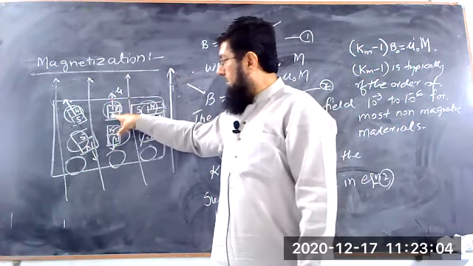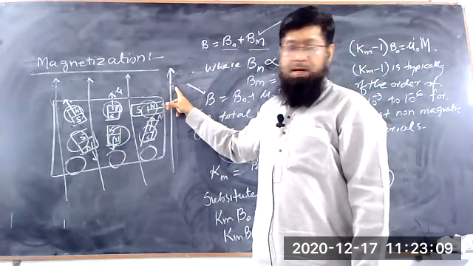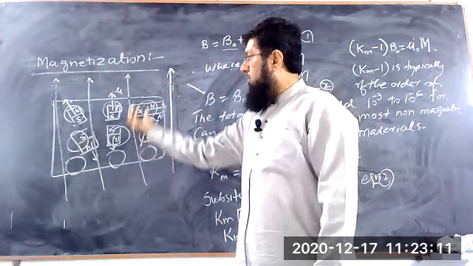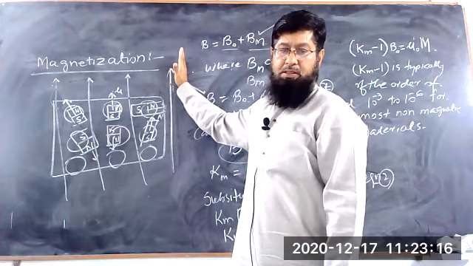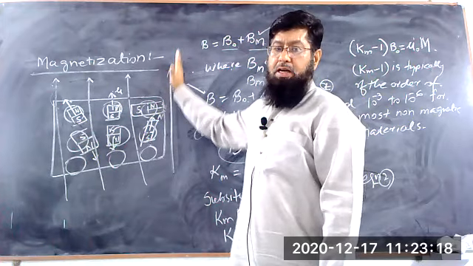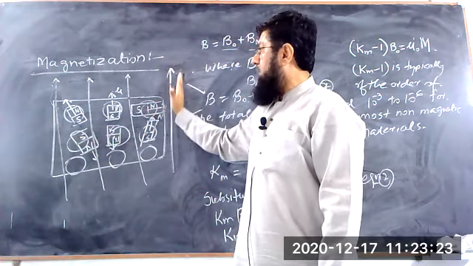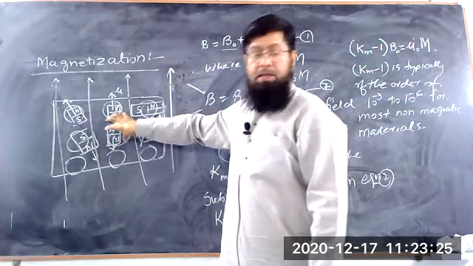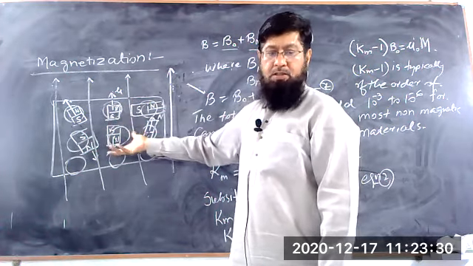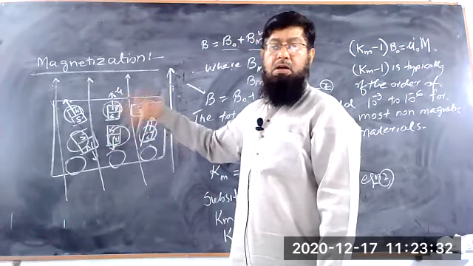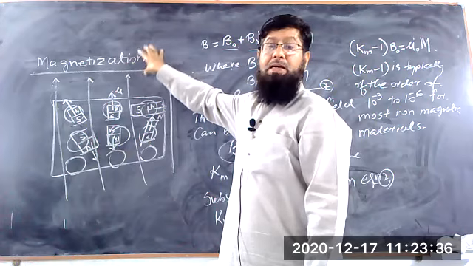Now, if this material is placed in an external magnetic field, most of the magnetic dipole moments align in the direction of the magnetic field. When they are aligned in the direction or opposite to it, we say that the material is magnetized or magnetically polarized, and the phenomenon is known as magnetization.